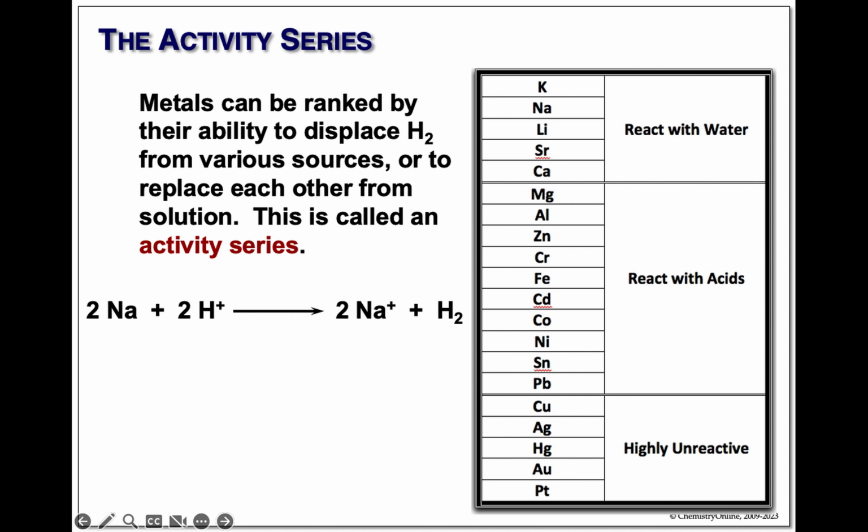When you're dealing with activity series, hydrogen is right here. Okay? Not shown, but it's right there. You have two ions, or an ion that's going to react with an element. It's going to make an element and a compound. What you want to do is find the element on the table here and find the ion.